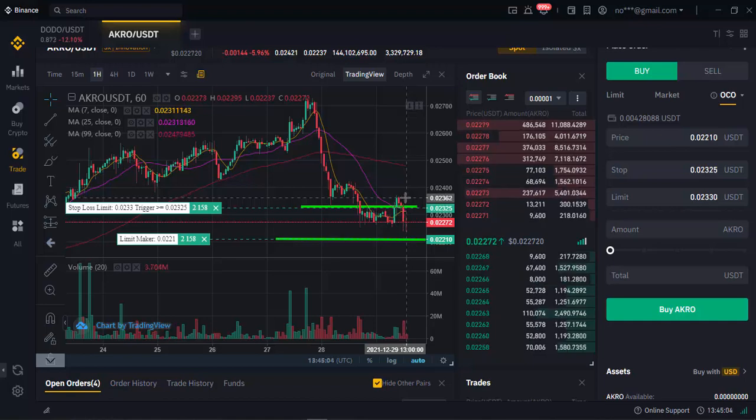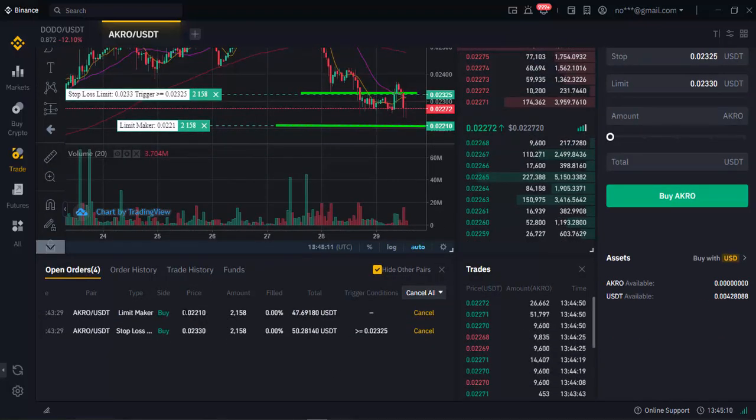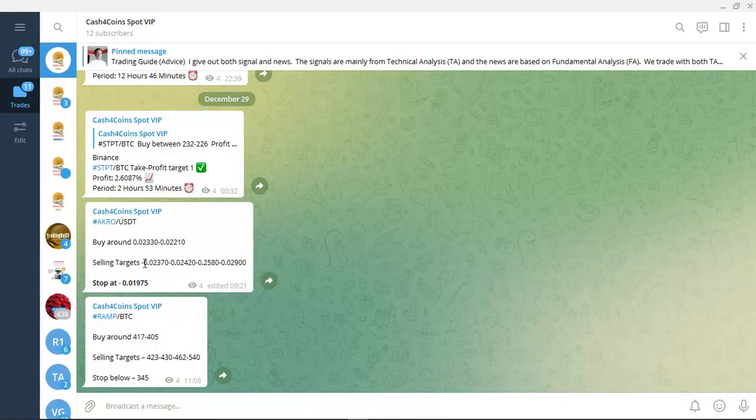We are going to wait for this trade, and when it executes, we look at the particular one that got executed, and then we set up a sell order to target this particular take profit or selling targets. I will show you how you can target them so you make much profit.